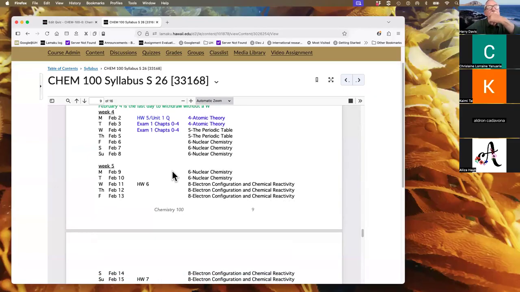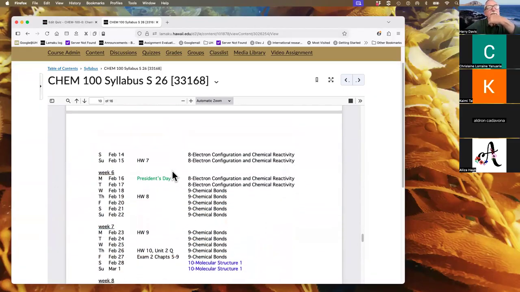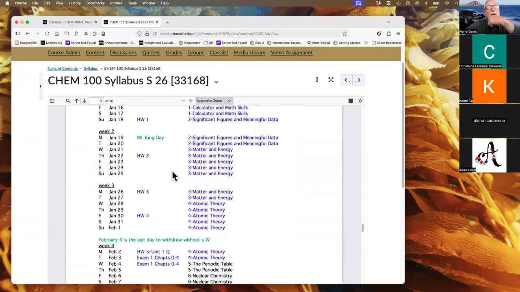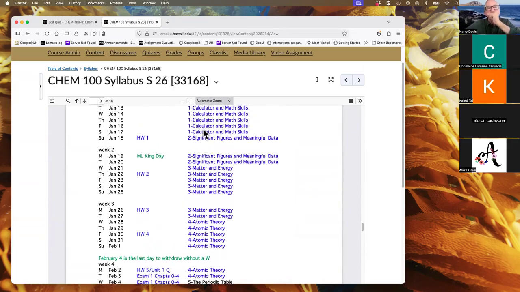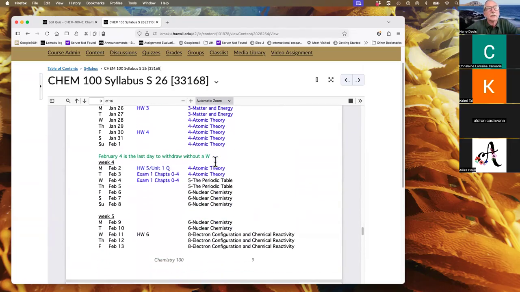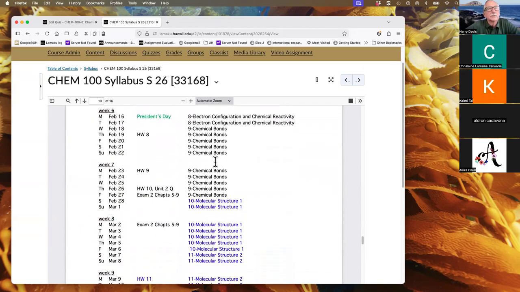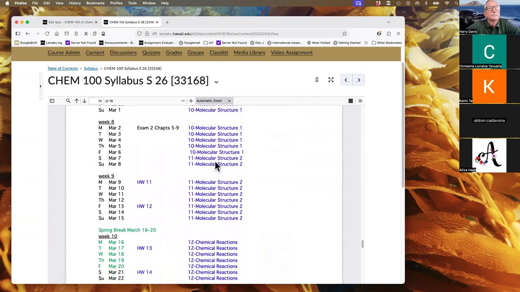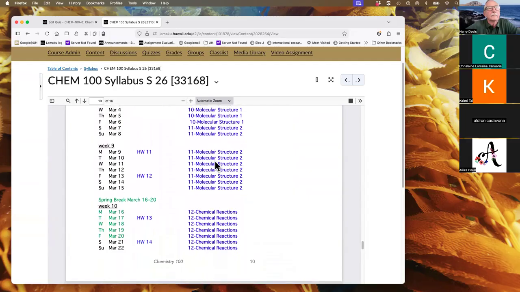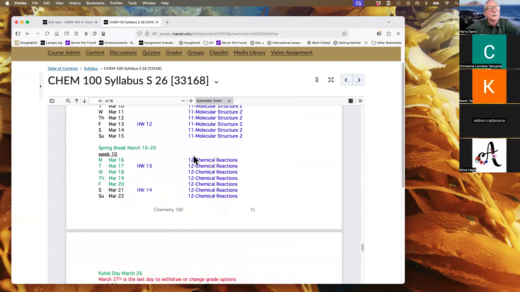Yes. So here's Unit 2. So Unit 1, I tried to do it in blue, and then the next unit in black, and then the next unit in blue again. Okay. So here's spring break. I have one homework that's due during spring break, one right after.